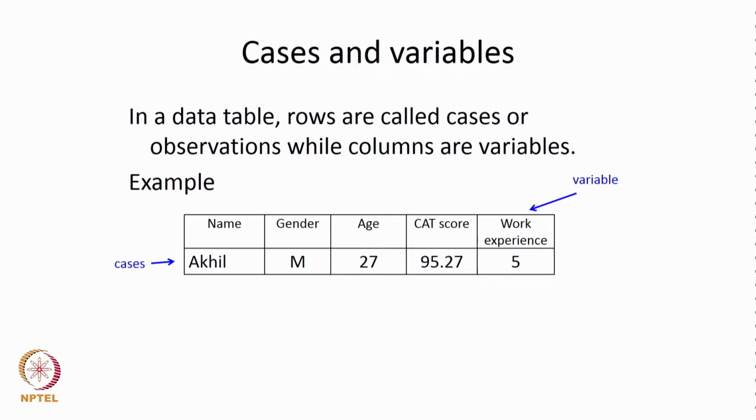And if there is a student or a candidate by name Akhil, then you can have a case where the name is Akhil, the gender is male, the age is 27, the score is 95.27 and work experience is 5. So, we also saw that cases or observations are rows and variable names are columns, and in general we will have more cases and observations in a given table than the number of variables.